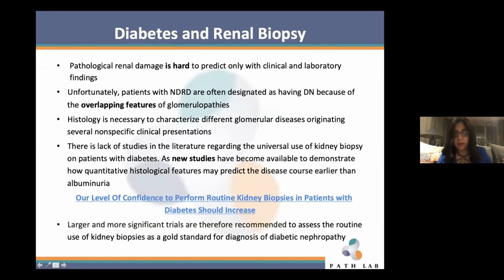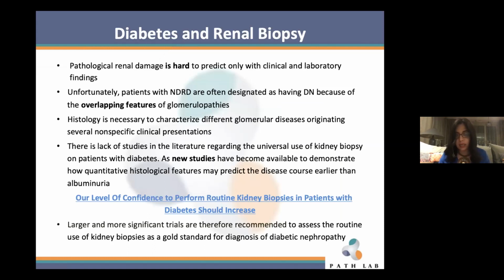So finally, pathological renal damage is hard to predict only with clinical and laboratory findings in diabetic patients. And unfortunately, patients with non-diabetic renal disease are often designated as having diabetic nephropathy because of the overlapping features of both glomerulopathies. Then you cannot know.